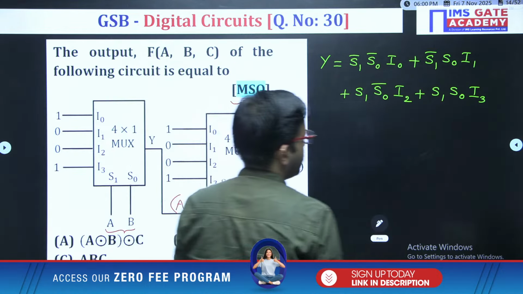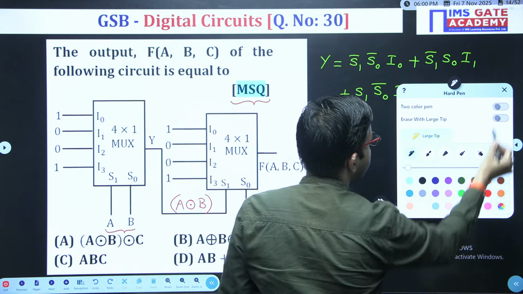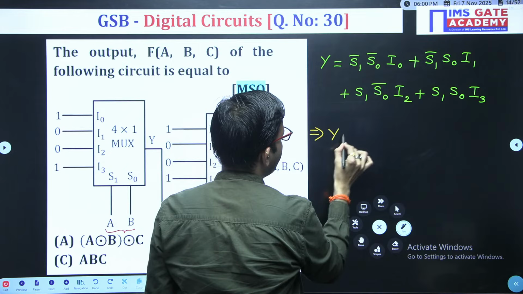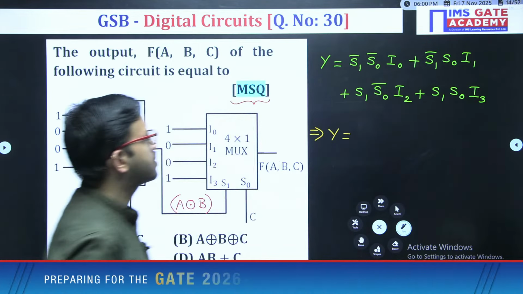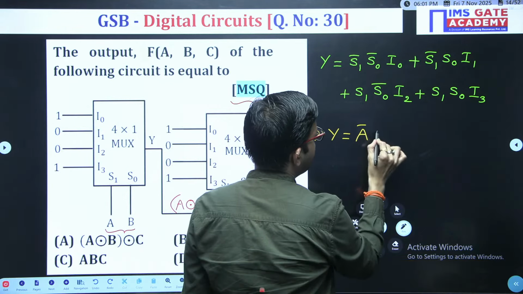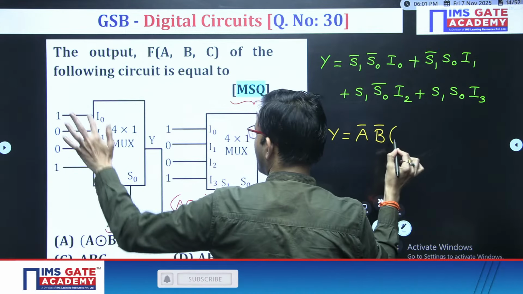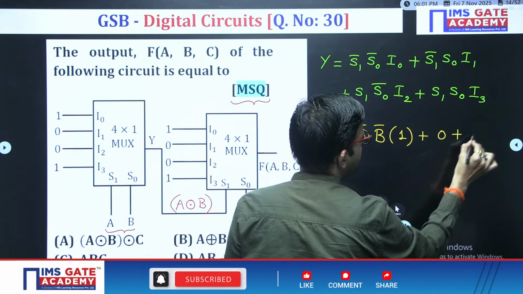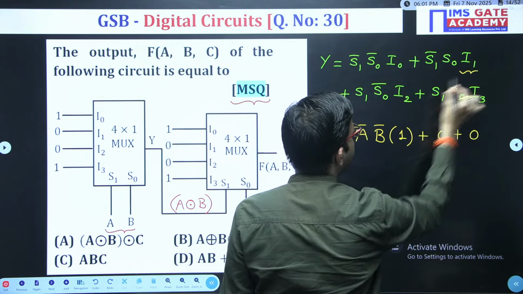Now with this understanding, let us get the output expression of the first stage mux. In this case the selections are A and B, so A bar B bar into I0, whose value is 1. The second term is 0 and the third term is also 0, because I1 is 0 and I2 is 0.